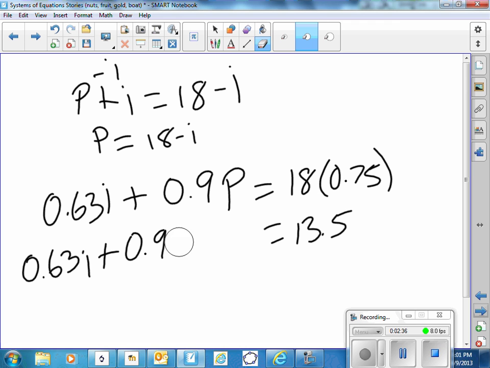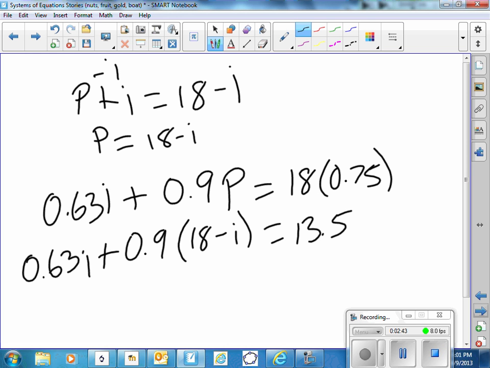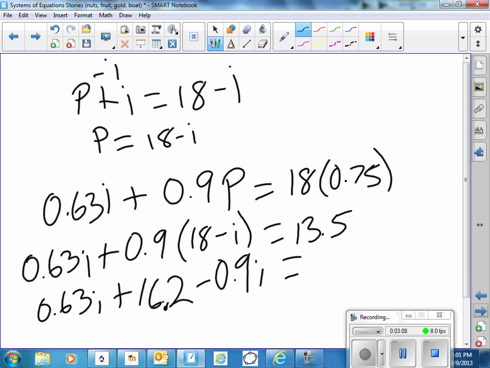The pure will be 18 minus I. So we'll have 0.63I plus 16.2 minus 0.9I.